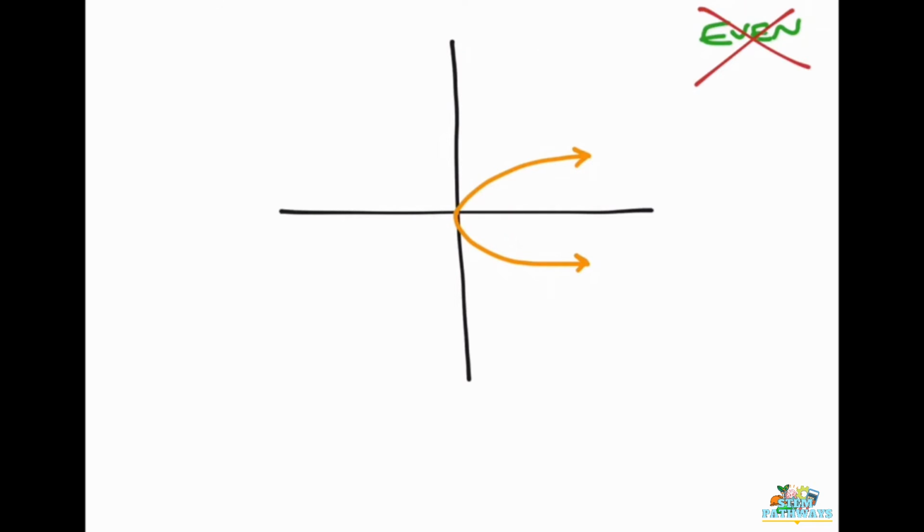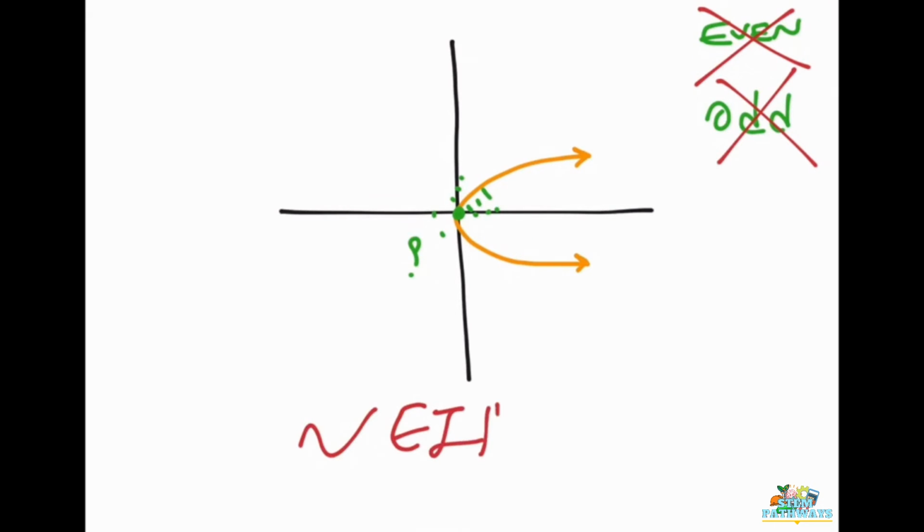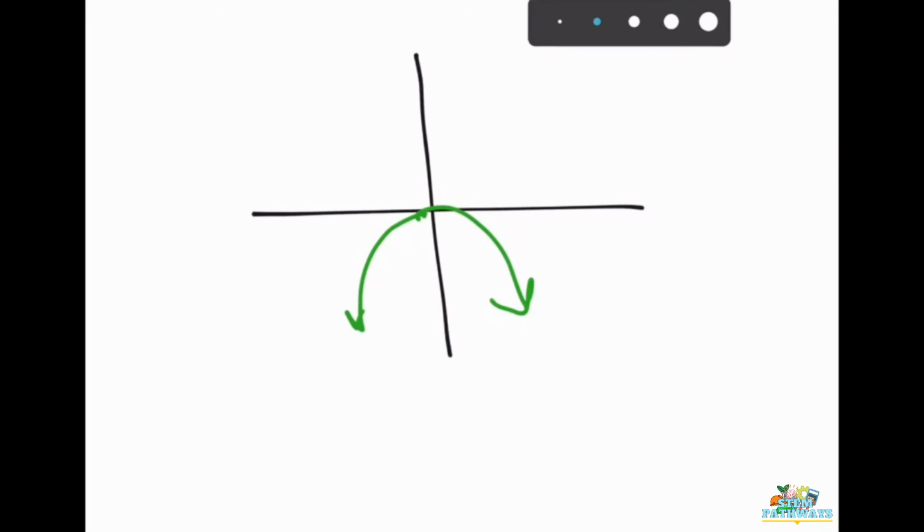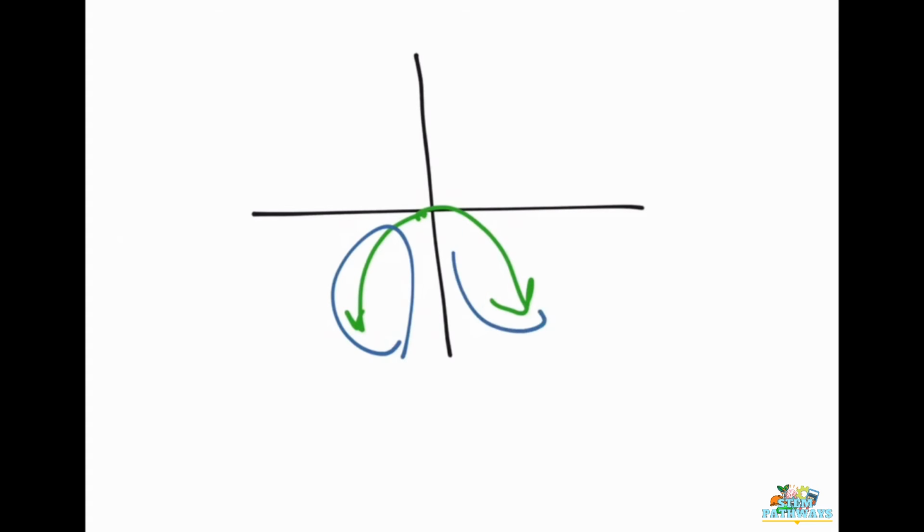So let's check the origin. Do you see the same thing in the origin in two parts? You don't see it, so it's not even odd. This is neither. Not odd, not even. What about this one? This one you see the same thing in two parts of the y-axis.